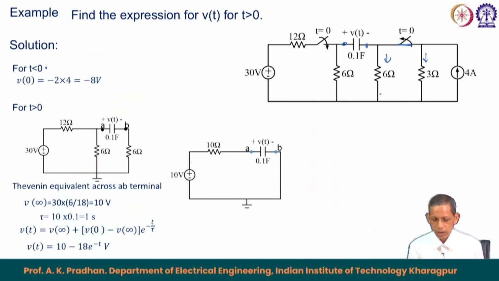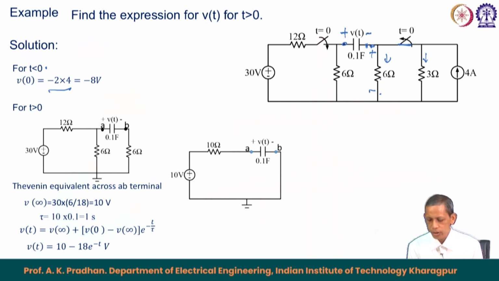So, the corresponding voltage across the 6 ohm will be nothing but the corresponding voltage across the capacitor. Because this current is pushed from this side, the voltage across here, this will be positive, this will be negative. So, we will get a negative voltage for the capacitor, which becomes equal to the 4 ampere divided in terms of 6 and 3.